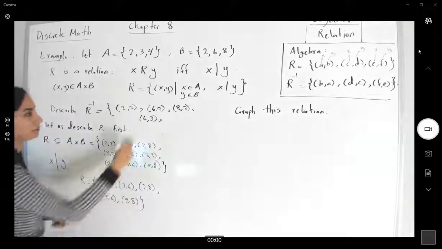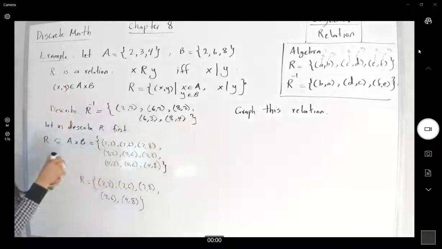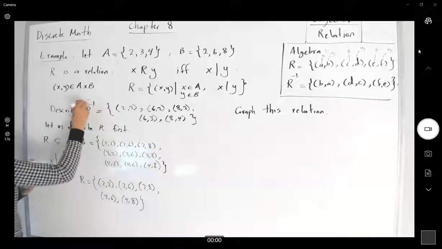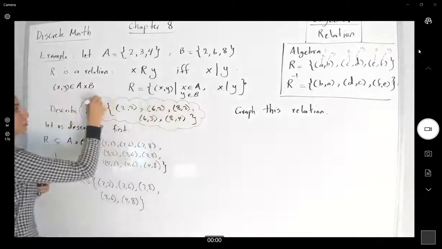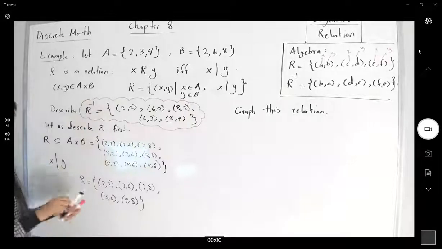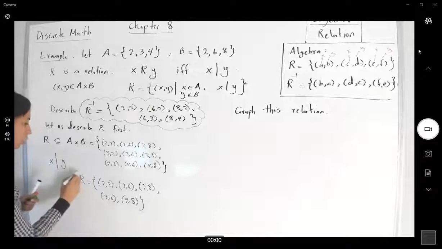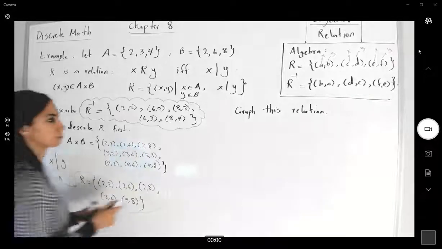Then we have 8 and 4. And that's it. So this is our inverse R. Okay. So note that this is my relation, a collection of points, X divides Y.